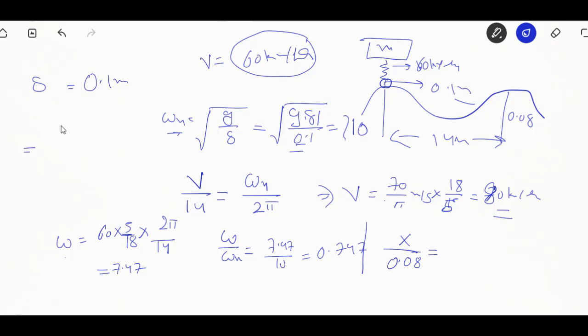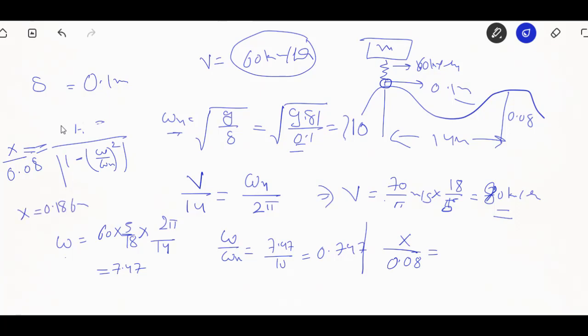So the formula we have been using is 1 plus 2 xi something, and xi is 0, so this part means nothing for this formula right now, and the denominator's root will be gone, and we don't have this under root also. Now this is 1 minus omega by omega n square. We generally take mod because we don't want to deal with the negative amplitude, so we place modulus right here. Okay, so we can have x is equal to 0.186.